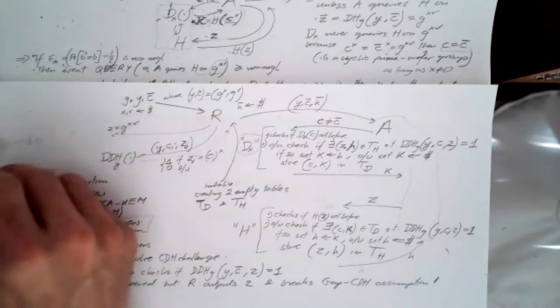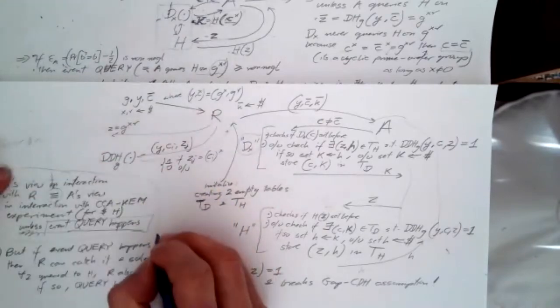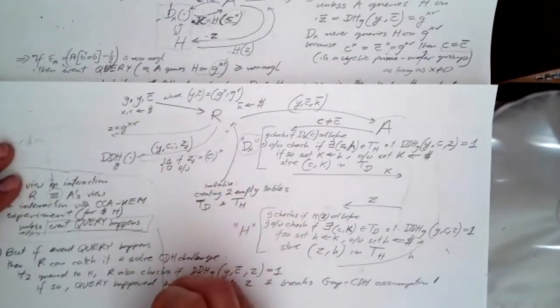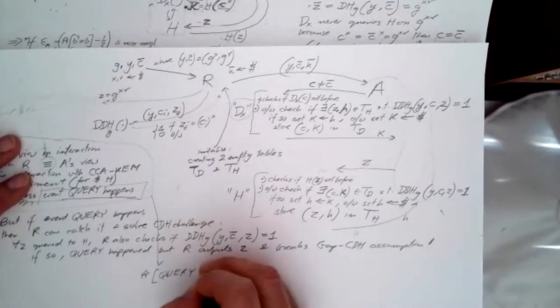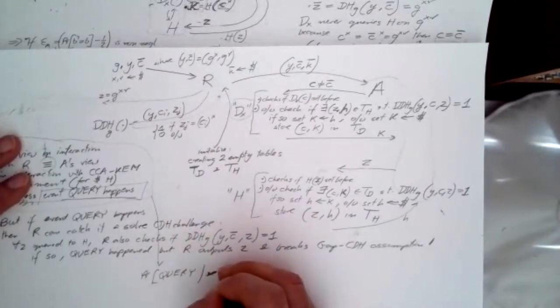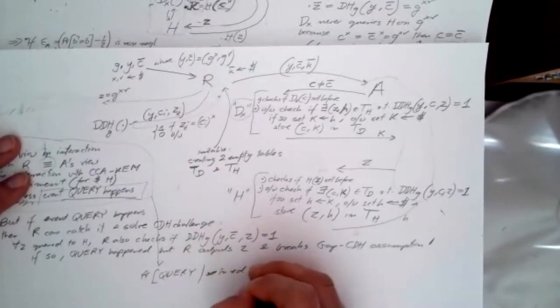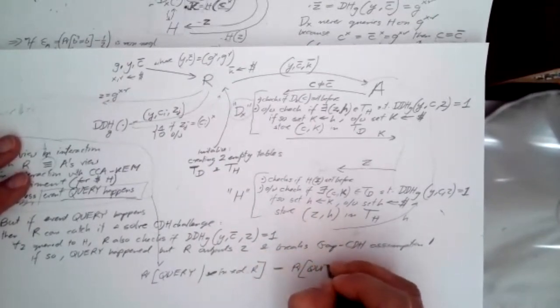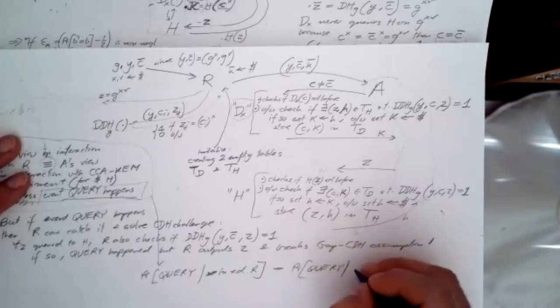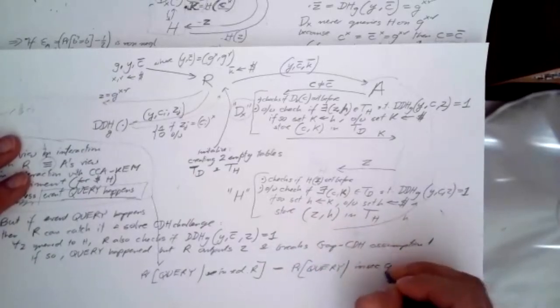Okay, this very argument implies that the probability of query in the reduction is the same as the probability of query in a security game.